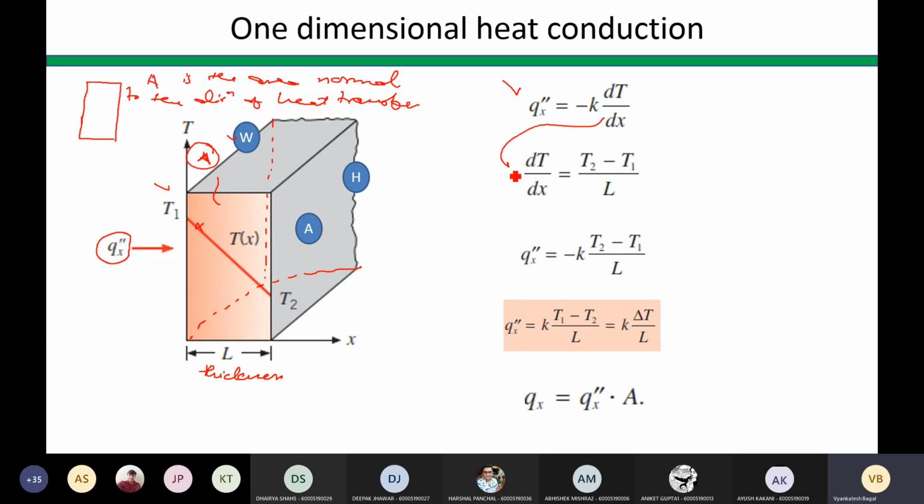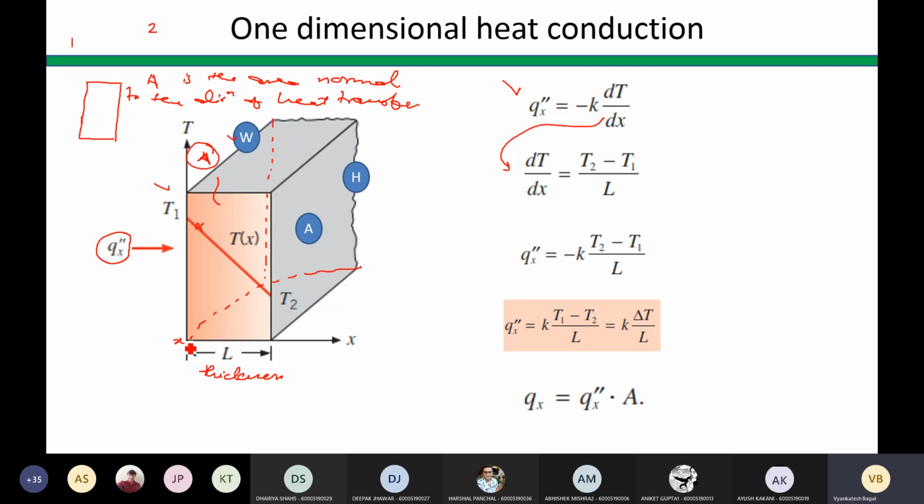Now see, I am always writing the final temperature minus the initial temperature, right? So 2 is used for the final suffix and 1 for the initial. So I am writing this temperature gradient as the temperature difference T2 minus T1 divided by dx. So dx is what? The length or the thickness of this slab, right?